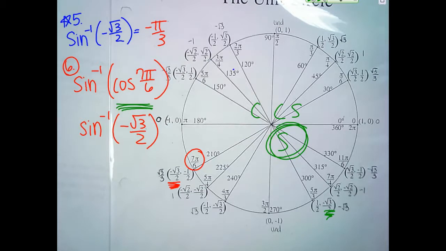And do not write 5 pi over 3. These 4 answers will never be an inverse answer. They will be a regular sine or cosine value. They'll never be an inverse. So what's the answer? It's this spot jumped to here. So negative pi over 3. Okay, you're all done. Try your worksheet that you have that you got me.